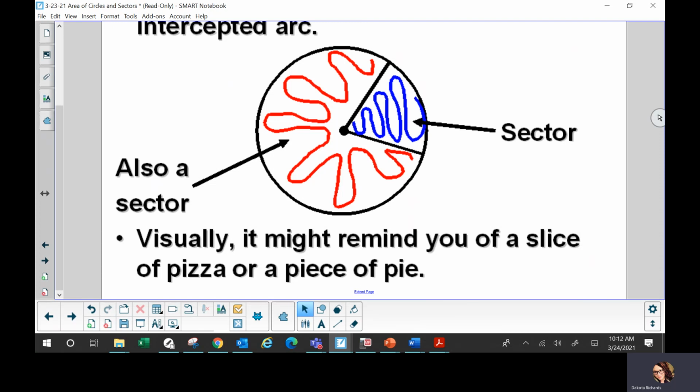You're finding that area, so the sector we're looking at is in blue here, and we would be finding the area of just that piece. That's called a sector. And the formula to find this is very similar to what we found for arc length.